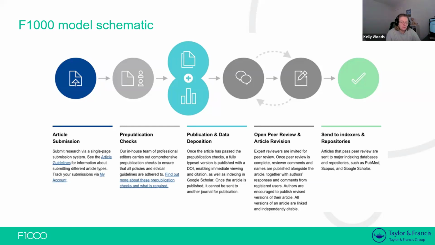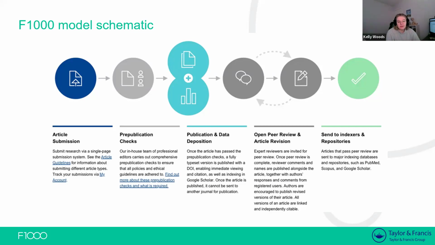The authors will be alerted that this has happened. Once the authors have received 2 peer reviews, they will then be invited to revise their manuscript based on the reviews that they have received. They can start doing that earlier. We would just advise that they wait till they have 2 to prevent duplication of work. Once they've revised that, they can send that new version of the article to us, and we will get that republished on the website and sent back out to those same reviewers to re-review.